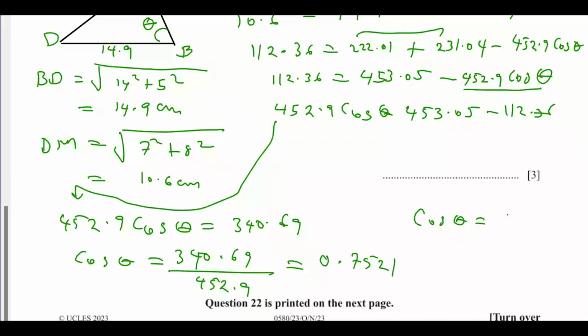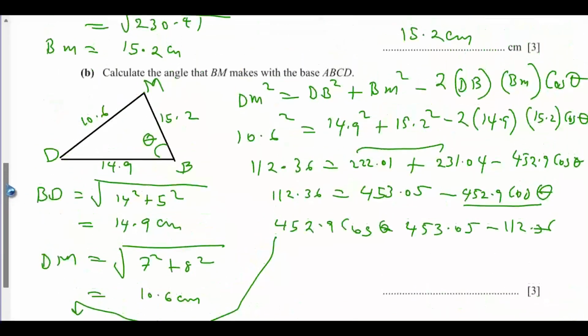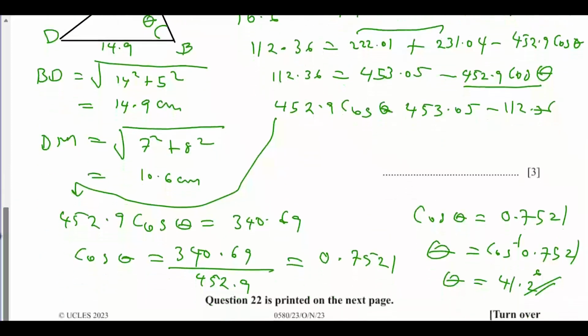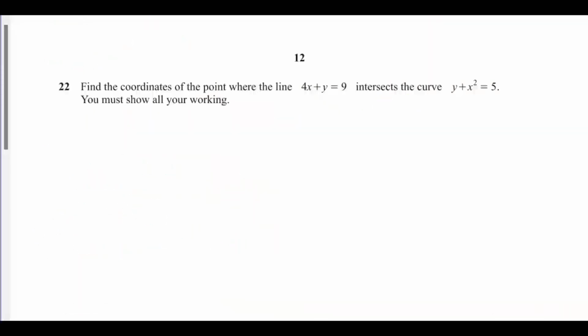We can get the value of theta by taking the cos inverse of both sides. So that will be cos inverse of 0.7521, and the value of theta will be equal to 41.2 degrees. So that will be the value of the required angle, 41.2 degrees.